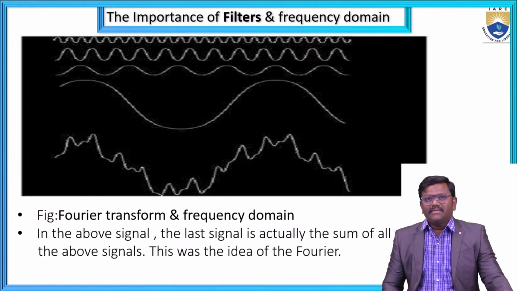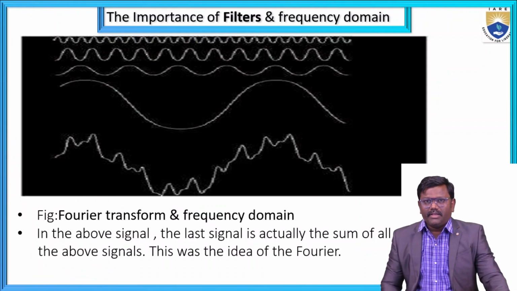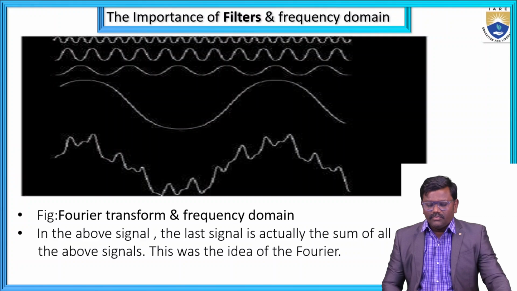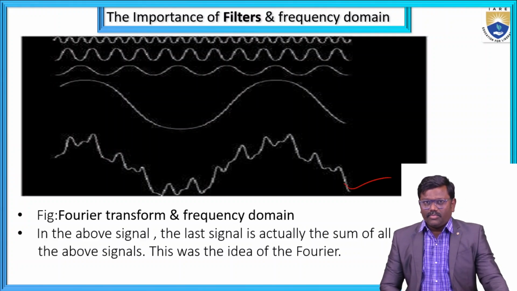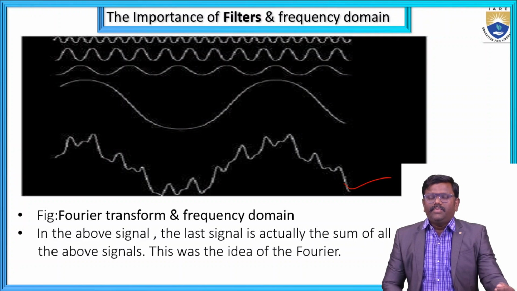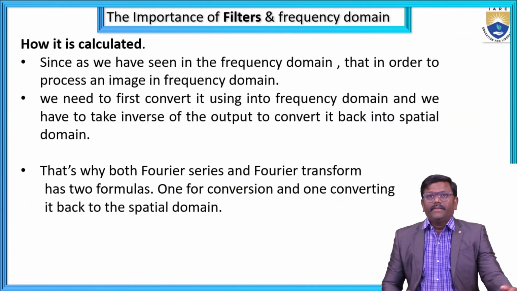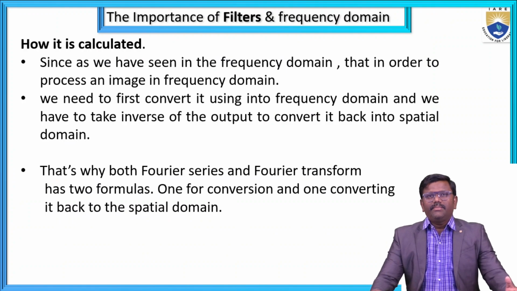We can understand such frequency domain signals as being added together, giving the sum of all the signals, which we represent as one random signal in the frequency domain, following the idea of the Fourier process. How can it be calculated?